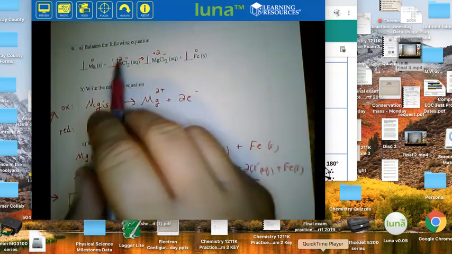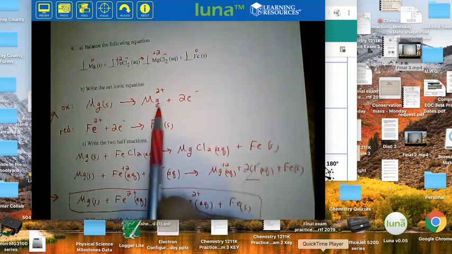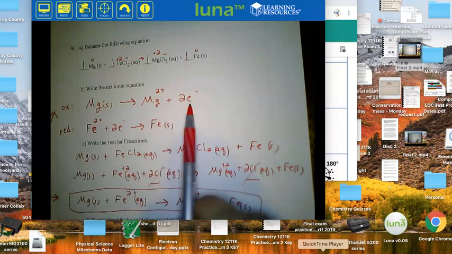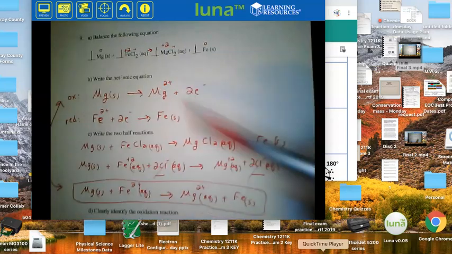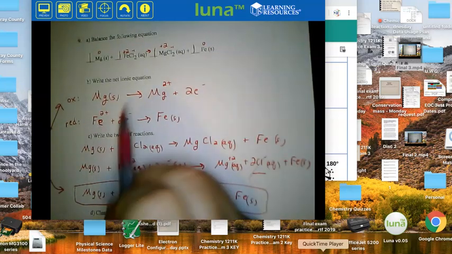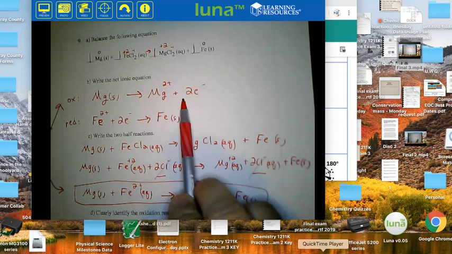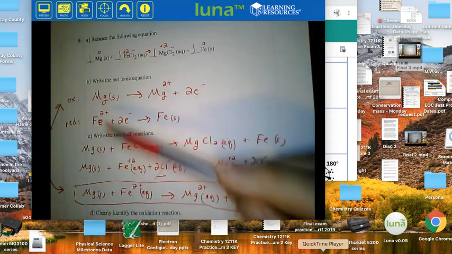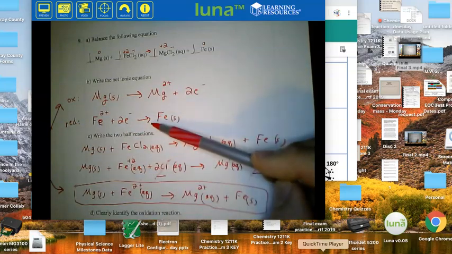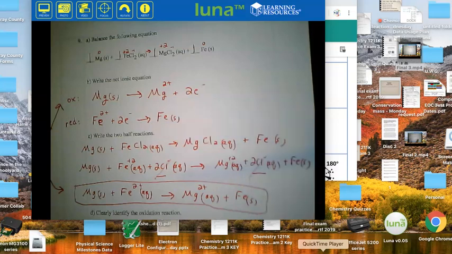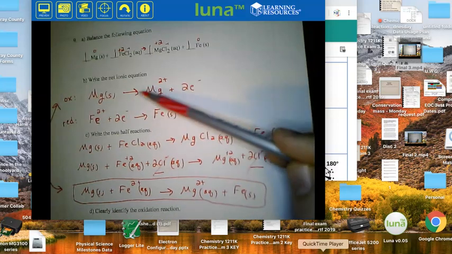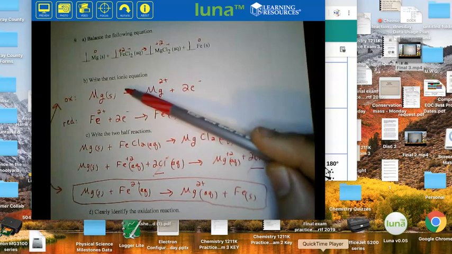But magnesium went from 0 to +2, so it lost 2 electrons. And then iron gained 2 electrons, going from +2 to 0. So magnesium was oxidized, it lost 2 electrons. Iron was reduced, it gained 2 electrons. These are considered the half reactions.